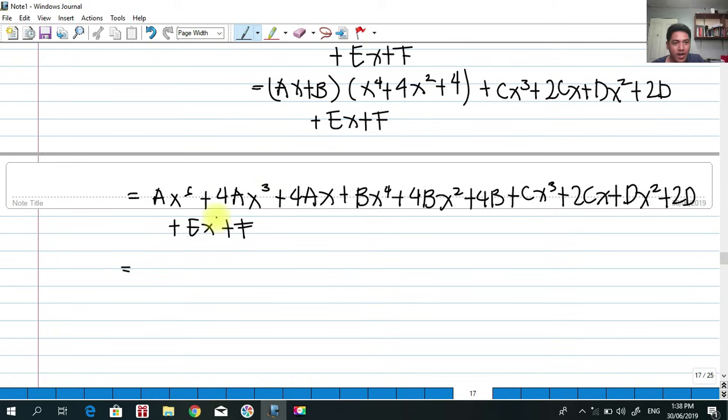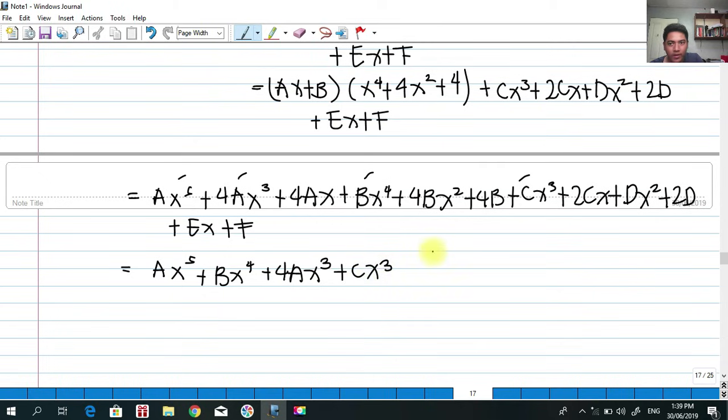So again, let's group these terms. We have ax raised to 5. For x raised to 4, we have plus bx raised to 4. So this is our x terms. So we have x cubed: 4ax cubed plus cx cubed.